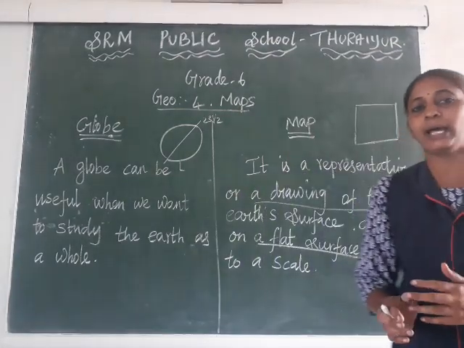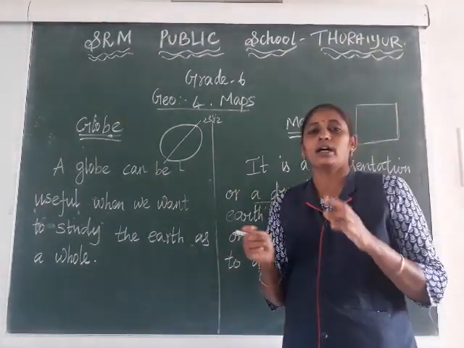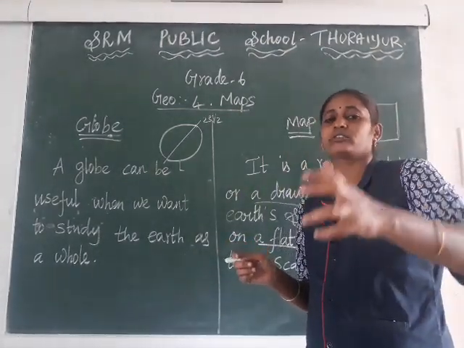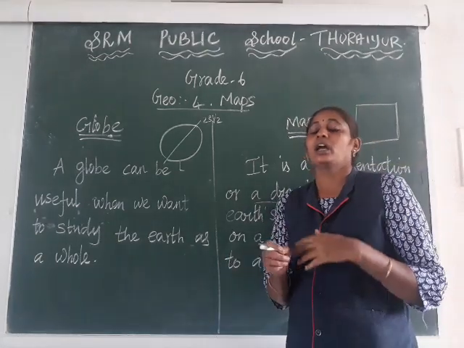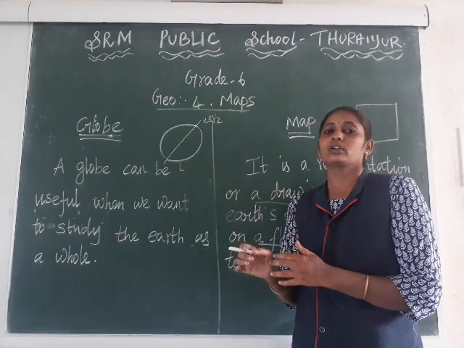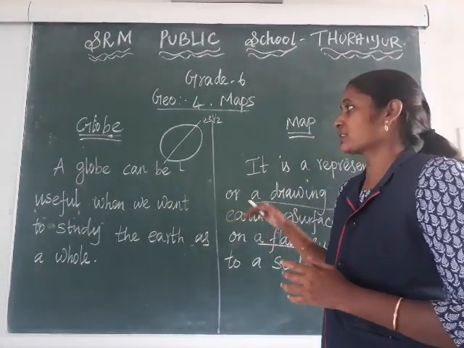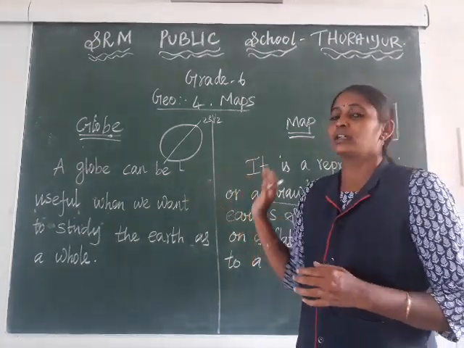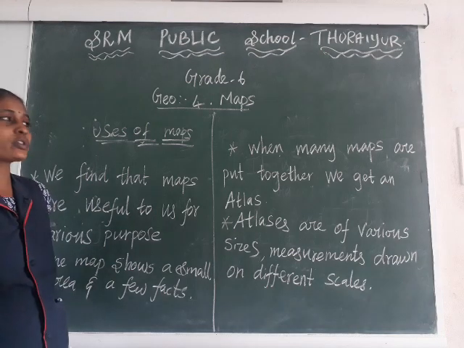Right? So with the help of a map we can understand the distance from one country to another country, and the location of a particular city or town. So this is the major difference between globe and map.